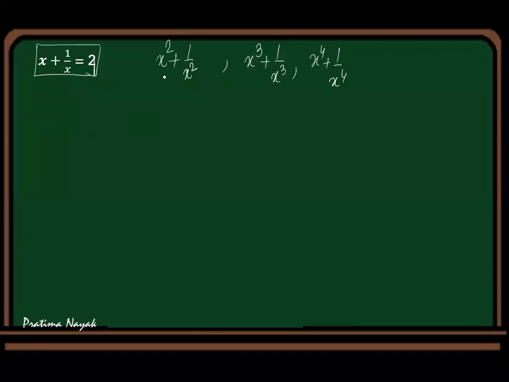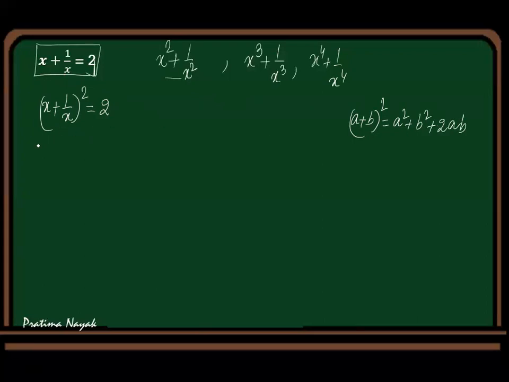First, to get this one, I'll square this expression. x plus 1 by x whole square is equal to 2 square. And you know the formula for a plus b whole square. How much will it be? Square of a, square of b, plus 2 multiplied by a and b.